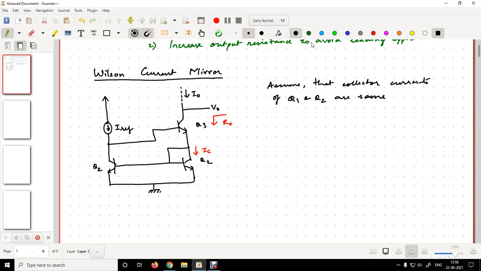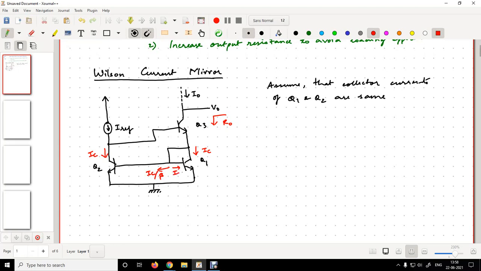So when the collector current of Q2 is IC and the collector current of Q1, sorry, this is Q1, is also IC, then their corresponding base currents, one in this direction, the other in this direction, will each be IC by beta.